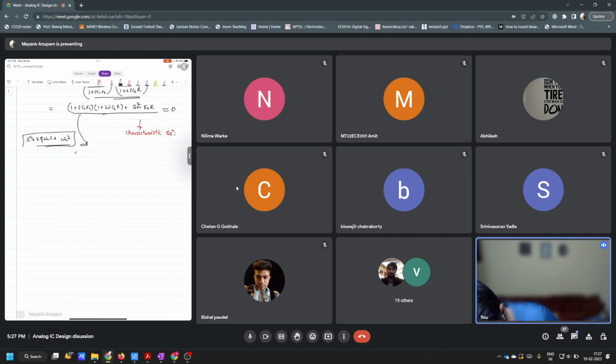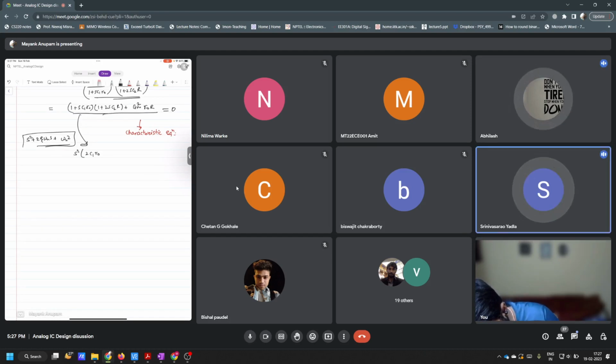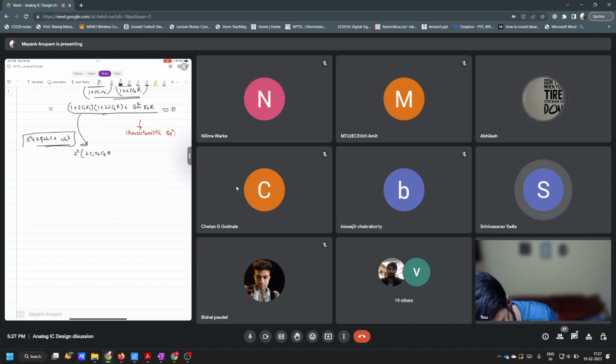So it will become s square times 2 C1 R naught C2 R. Correct. Plus, what is the coefficient of s? 2 C2 R plus C1 R naught. Correct. Plus gm square R naught R. This has to be equal to 0.